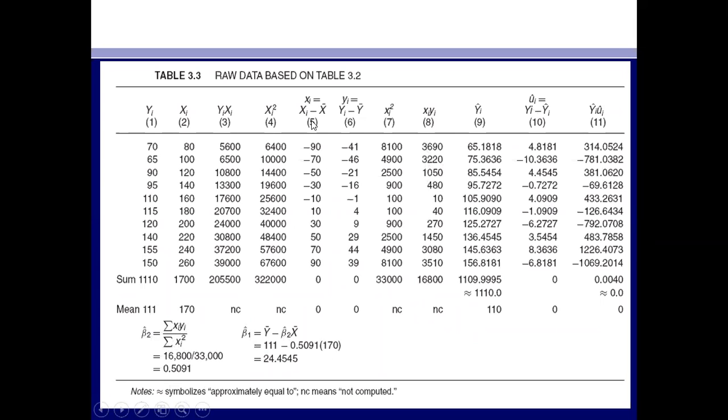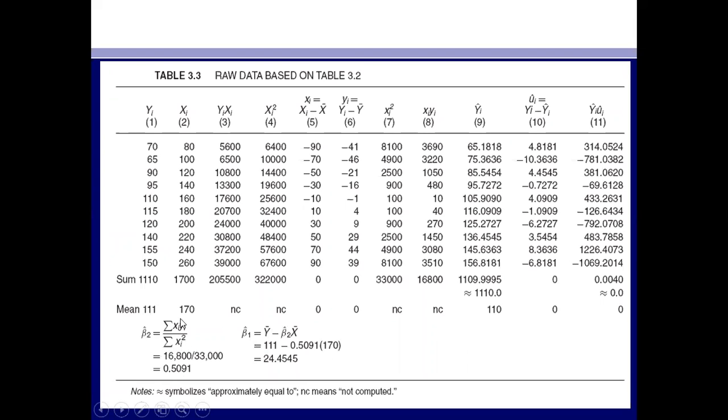So if you square every value in column 5, the square of the small xi values, minus 90 whole square, minus 70 whole square, you get the values in column 7. And when you add up these numbers, you get the sum of the small xi square. That is what we need in the denominator of beta 2 hat.